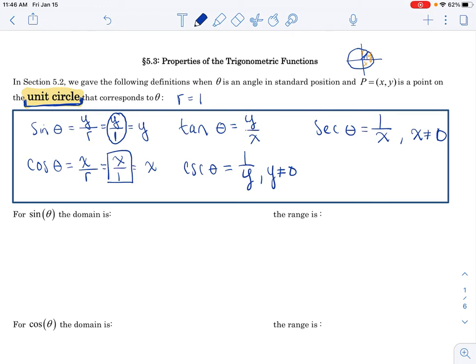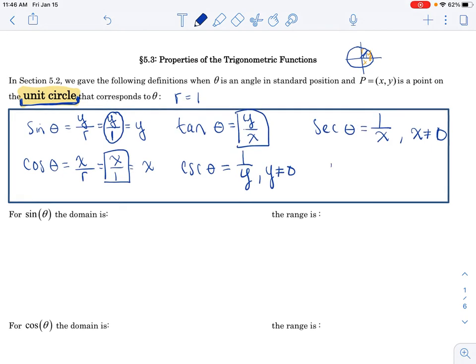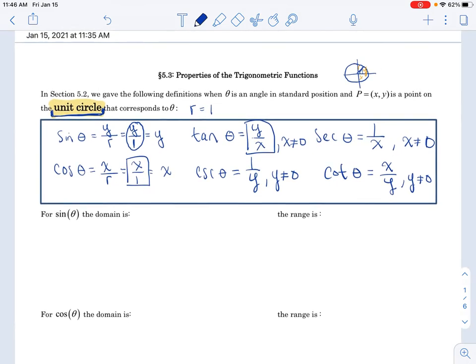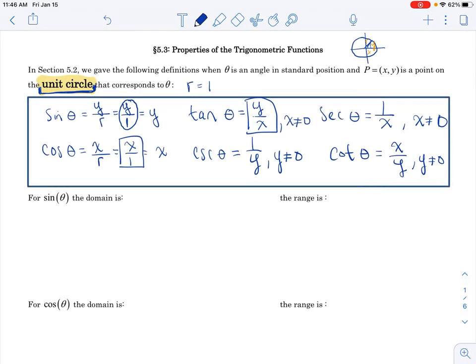And then my reciprocal for tangent is cotangent, so that reciprocal would be x over y. Once again, we are going to state y can't be 0. And I should have done that with tangent, so we should say x can't be 0, again because we can't divide by 0, it would be undefined.